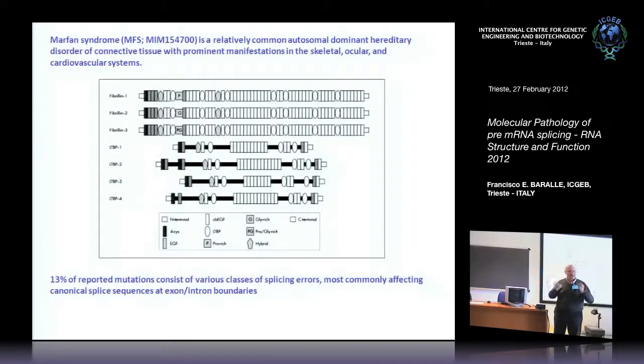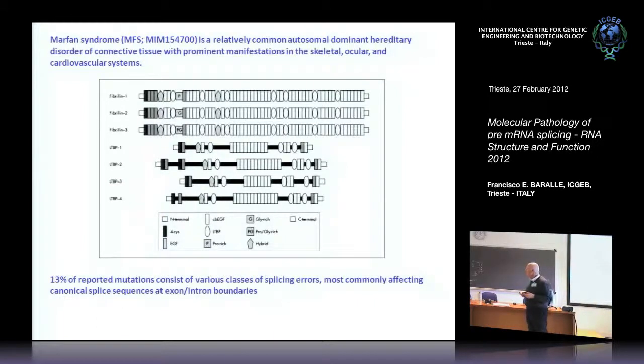You sequence the DNA and that's it. In this case, RNA was also prepared in each patient that was suspected of having Marfan syndrome. That is a syndrome that carries mutations in a gene called fibrillin.